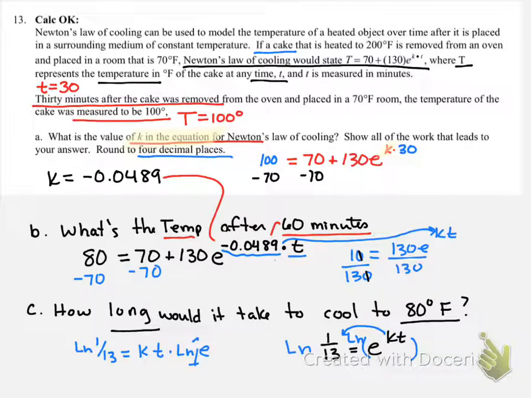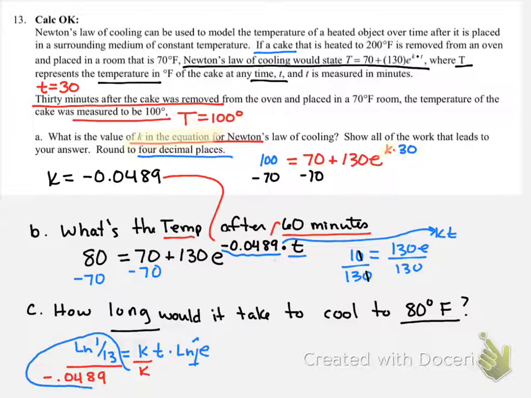So the last thing I'll do is divide by the k, and now I'll finally write it down. Negative 0.0489. After solving this, of course, we would do ln of 1/13 first, then we divide by that k.